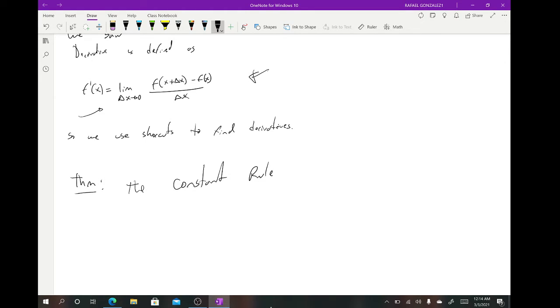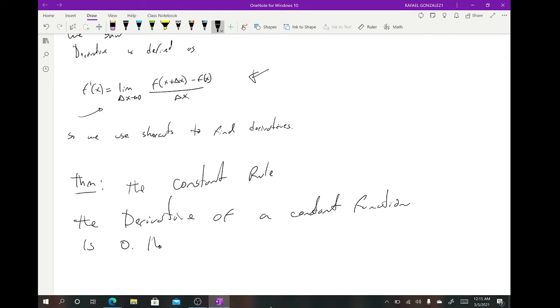The constant rule says the following. It says that the derivative of a constant function is 0.